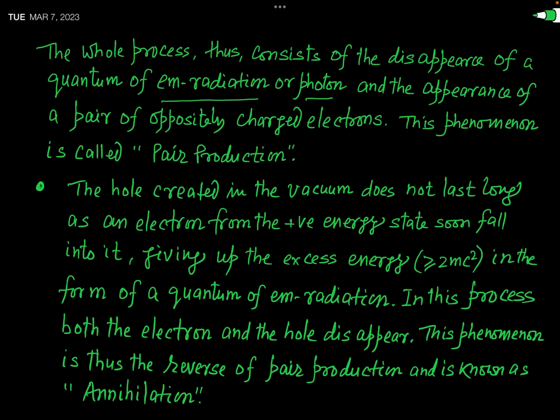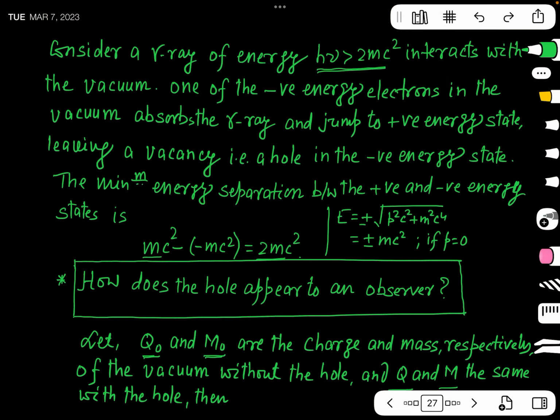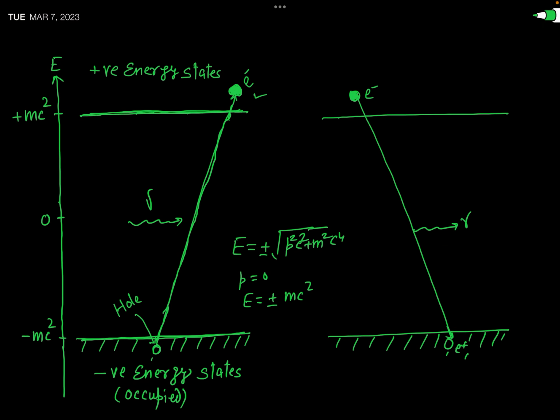Now you can see in this phenomenon we have an electron in the positive energy state here, and a positively charged electron in the negative energy state, that is, in the vacuum. So this is just the phenomenon of pair production.